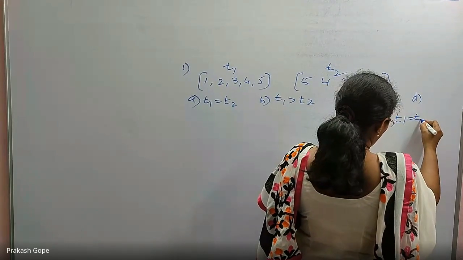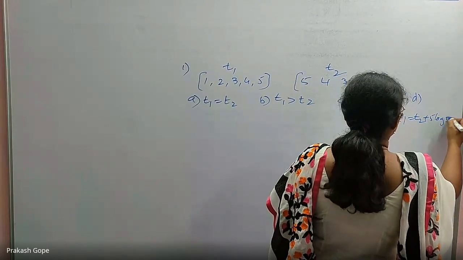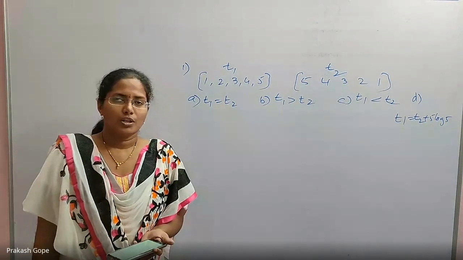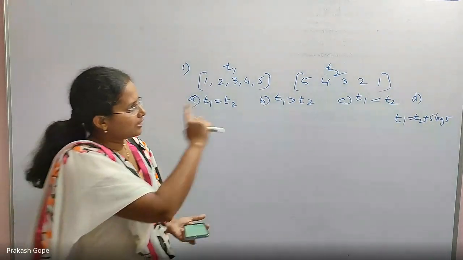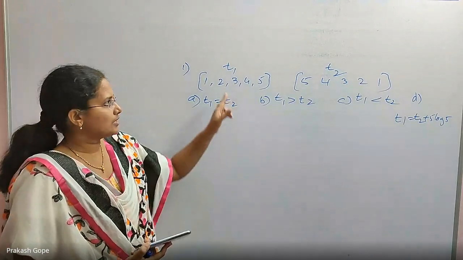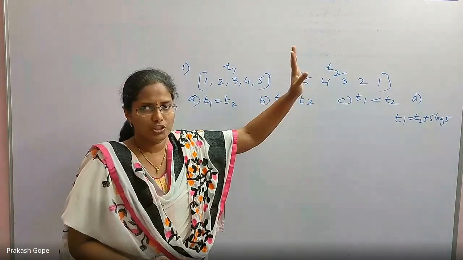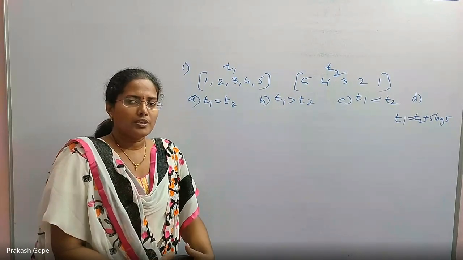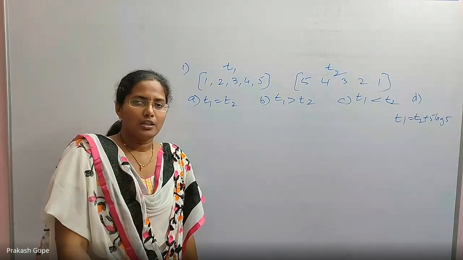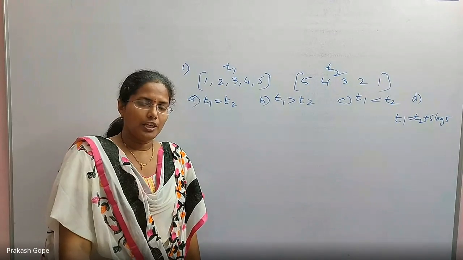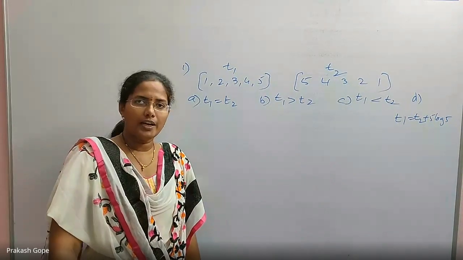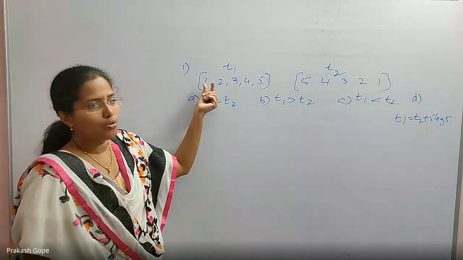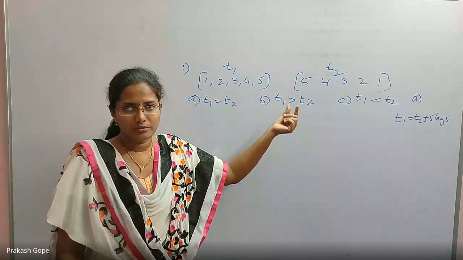T1 is equal to T2 plus 5 log 5. What is the answer? Quicksort. These are the arrays. Time taken by this array is T1, by that array is T2. What is the relation between these two? As I said, quicksort leads to worst case in both array ascending and array descending cases, because the pivot that you picked up will go and occupy the extreme place.